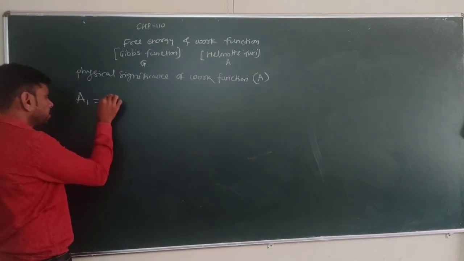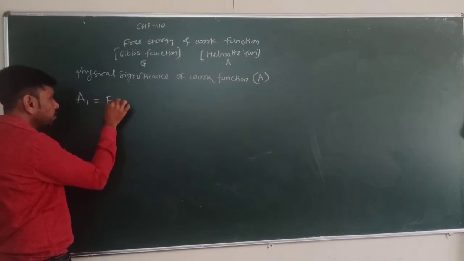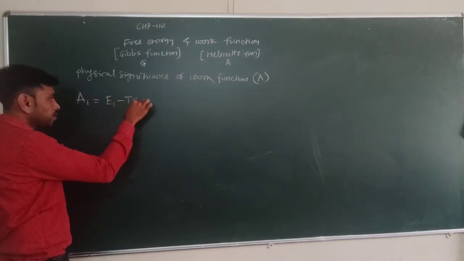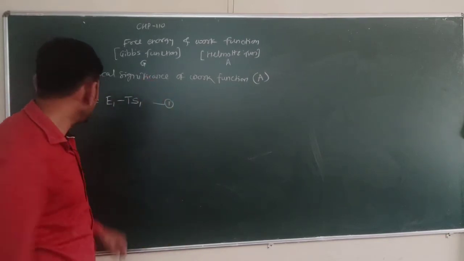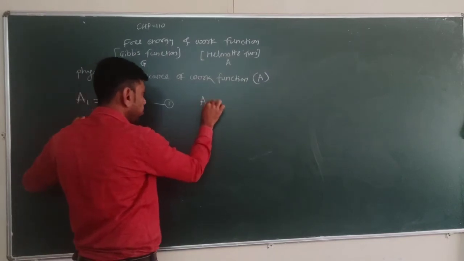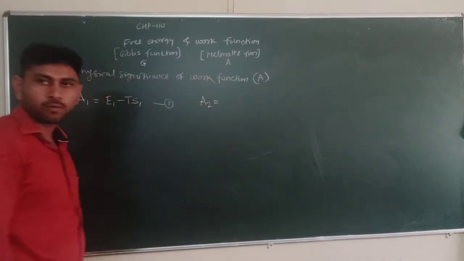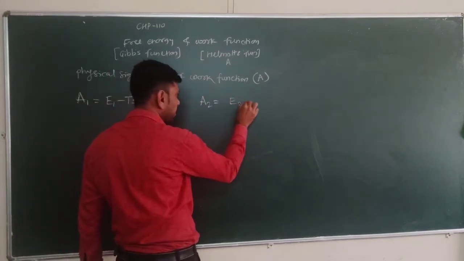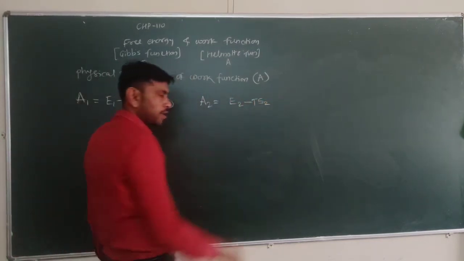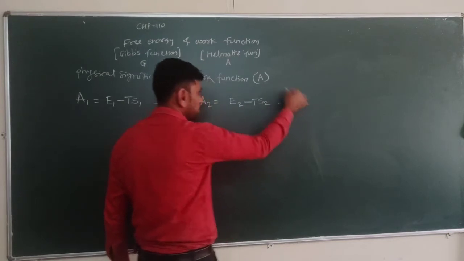So A1 is equal to E1 minus TS1. Write it as equation number 1. Now suppose A2 is the work function of state second, represented by E2 minus TS2, equation number 2.